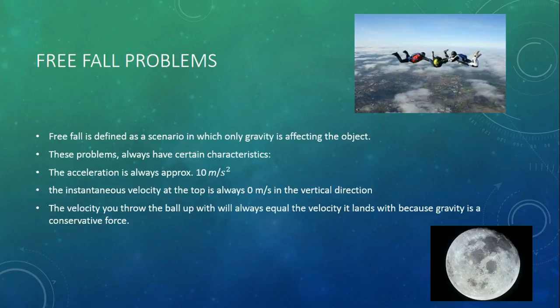If you throw an object up, it comes back to you with the same velocity. If gravity wasn't conservative, like friction isn't conservative because it just takes away your energy or force without giving it back, it would just take away your speed without giving any back. But gravity is conservative, so it will give back what it takes.